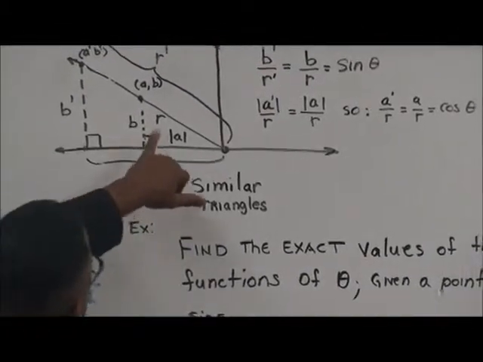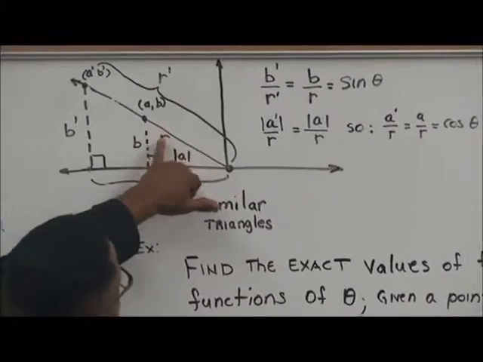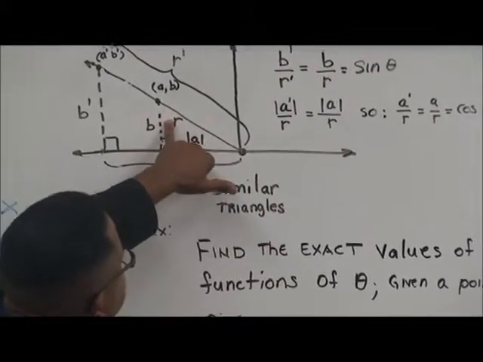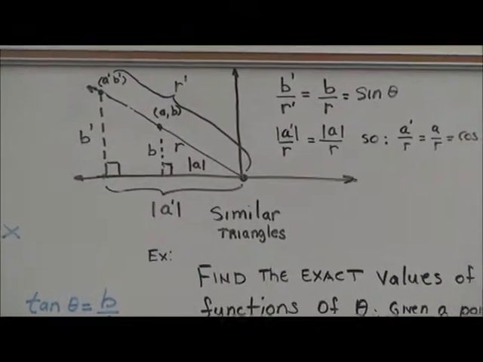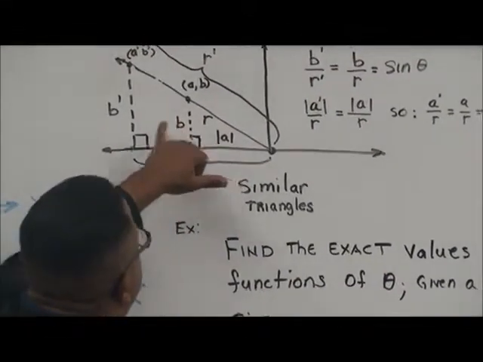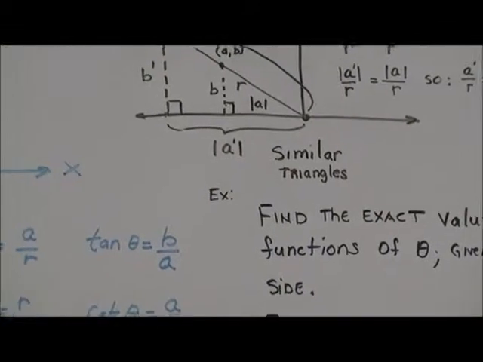On the long side, r is similar to the distance of r prime, and b is similar to the distance of b prime as well.